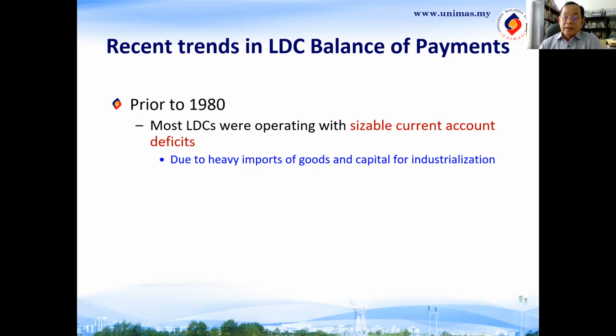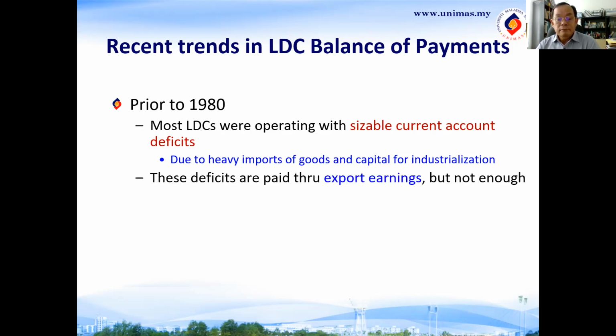Jadi kebanyakan negara yang kurang membangun ini tidak mempunyai cukup modal, ya. So it make use of ataupun meminjam daripada negara luar untuk mendapat modal tersebut, ya.